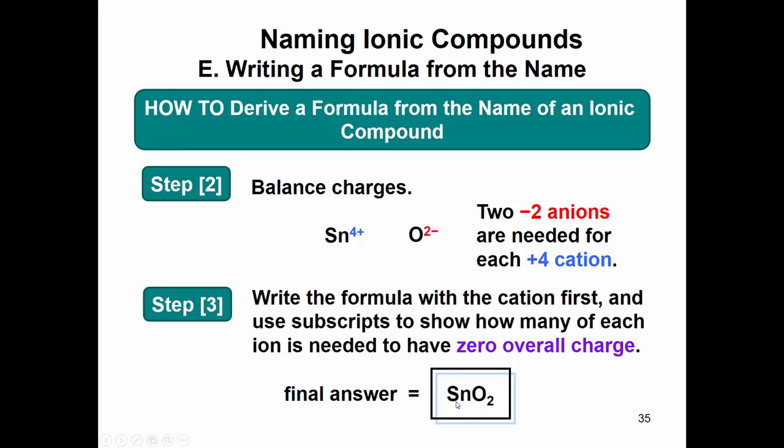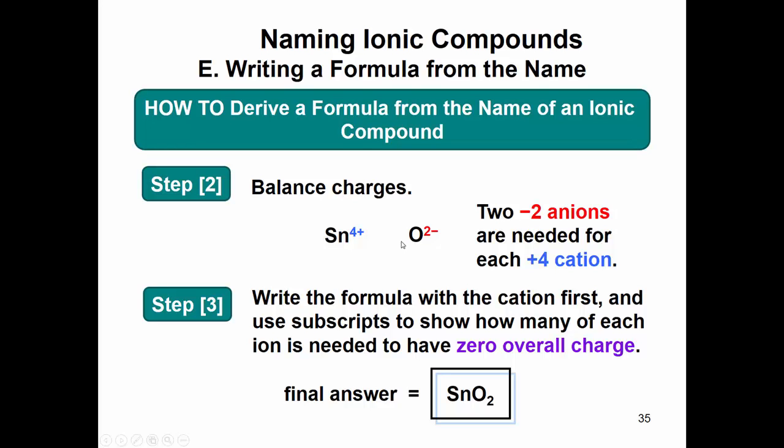So our formula is Sn, with an understood 1, O2. The reason for that is we need 2 oxygens in order to make our formula balance: +4 and -4.